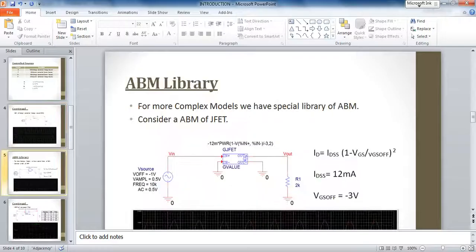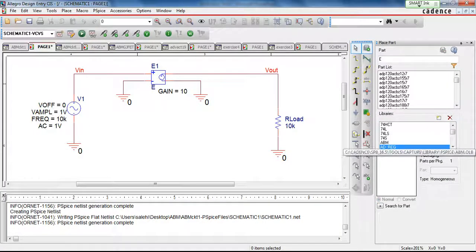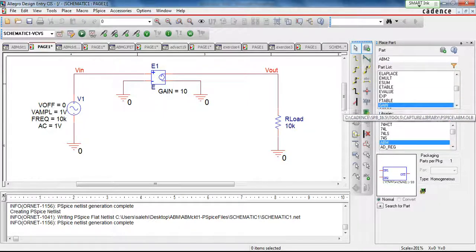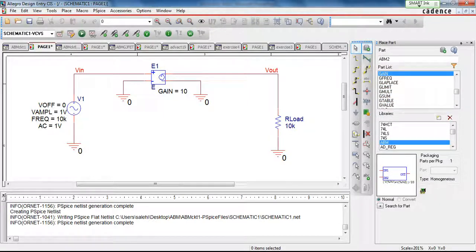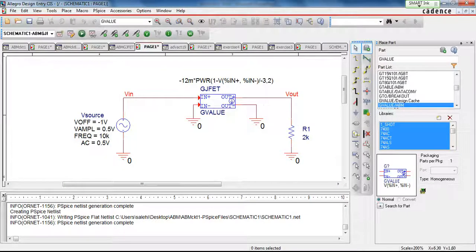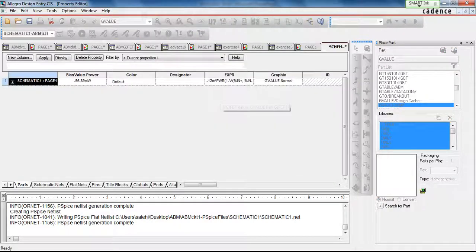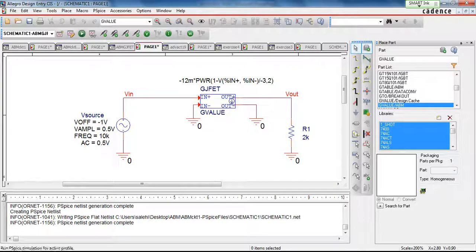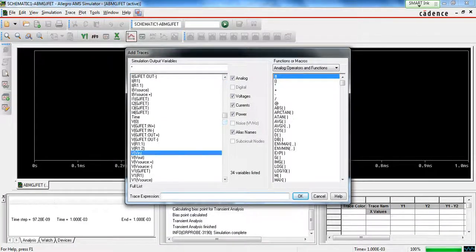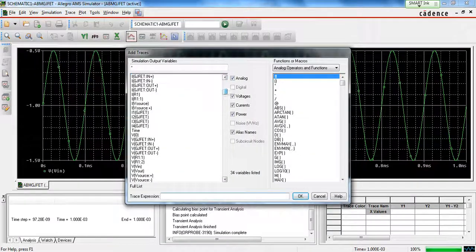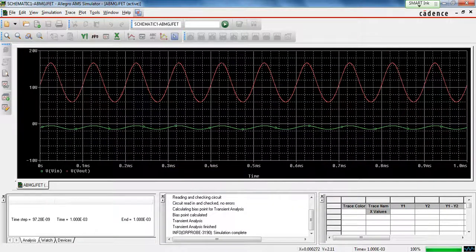Now in order to model this, you need to go to the ABM library again, pick up the G value block, put it in a circuit together like this, double click on it, go to expression and type the desired drain current equation. Apply an input voltage, set the output, run the circuit, check the input and the output voltages. We can see that the output voltage is amplified. So JFET block is acting like an amplifier, a voltage amplifier.